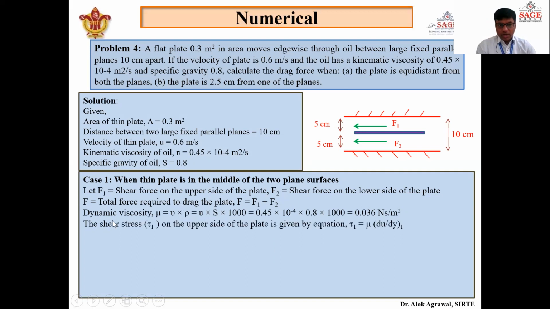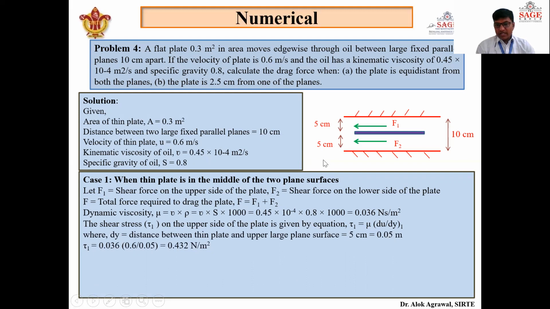Now let us consider that the shear stress tau1 acting on the upper side of the plate is given by mu du by dy. Here dy is the distance between the fixed parallel plane and the upper surface of the plate, that is 5 centimeter. We have to convert it to meters, so we get 0.05 meter. When we substitute all the values here, we get tau as 0.432 Newton per meter square.